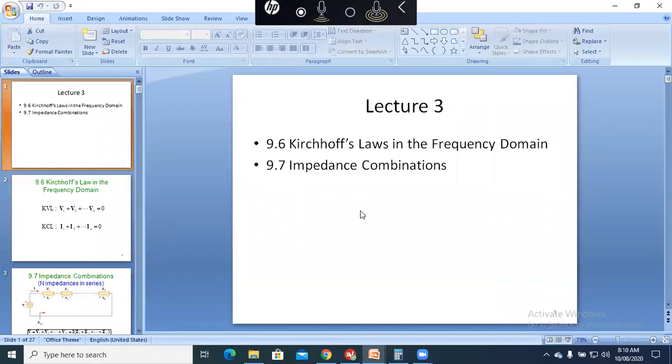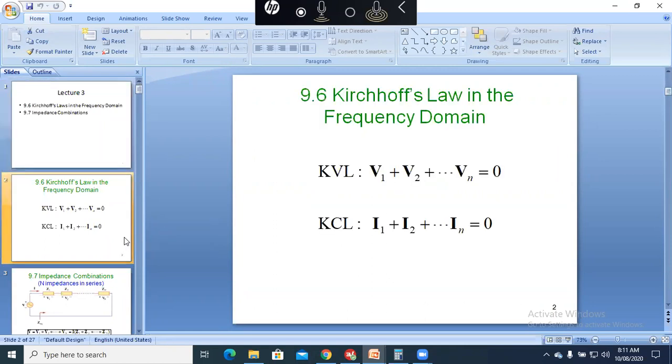Now we see the Kirchhoff law representation in the frequency domain, and we calculate the overall impedance of the network. How can we calculate the overall impedance of the network? For this, we use Kirchhoff's laws. Kirchhoff's law is one for the voltage and one for the current.